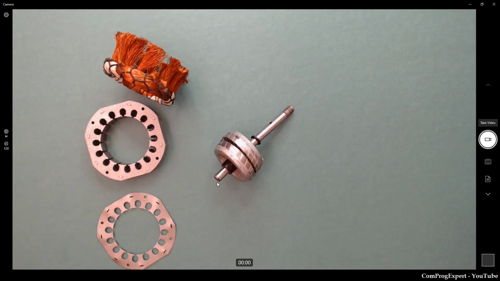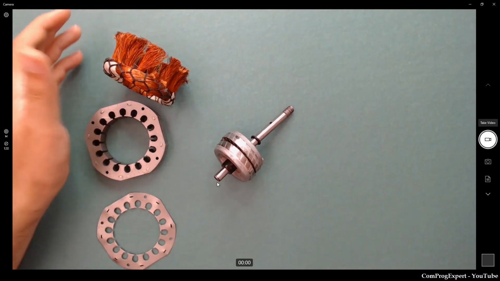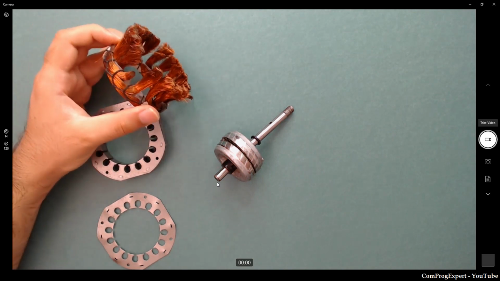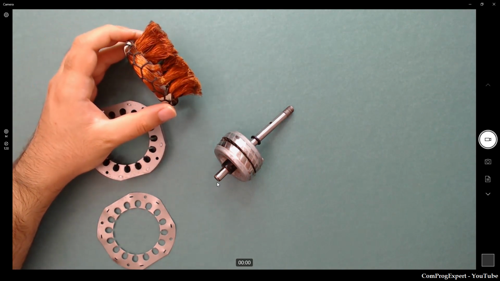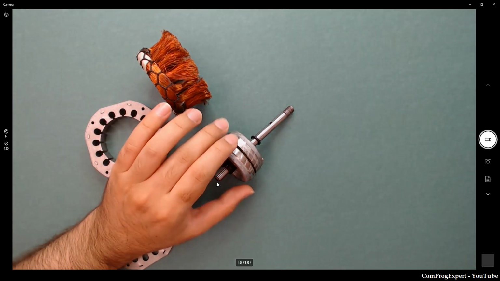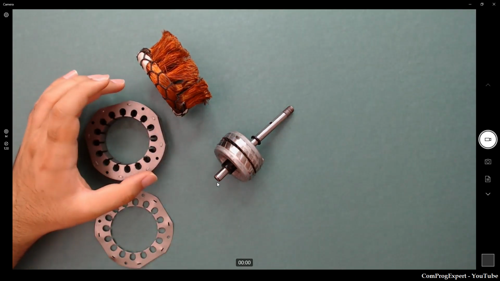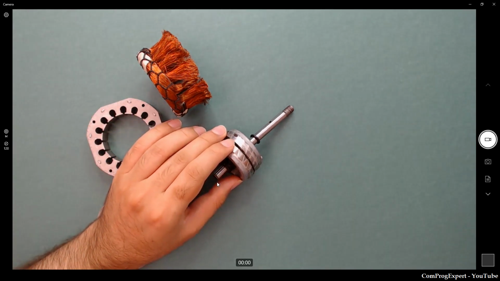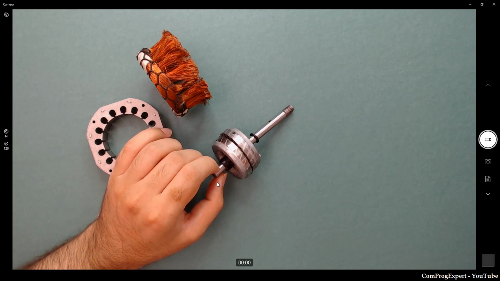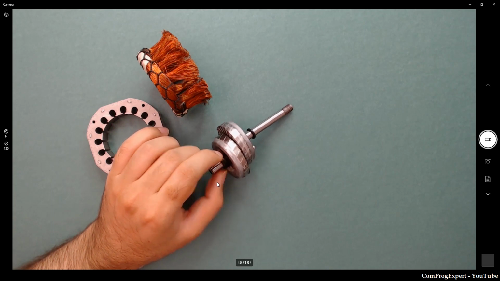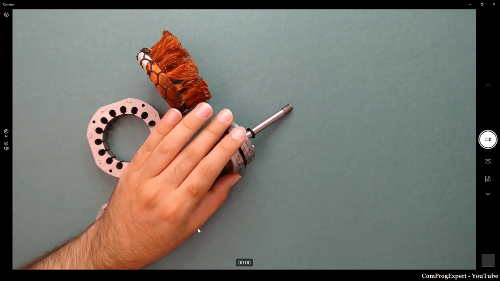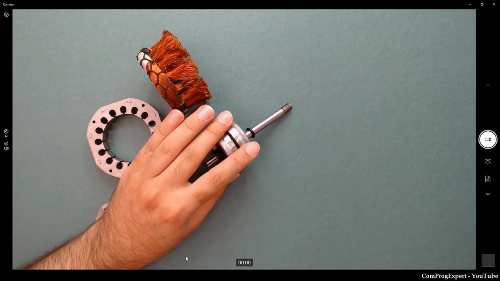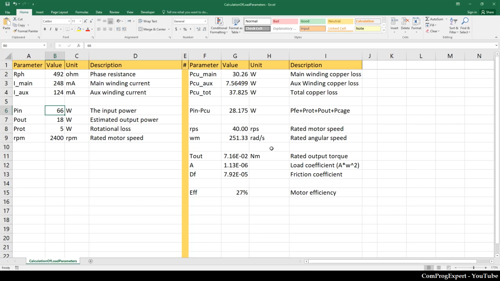So, in induction motors, we have copper losses in stator winding, and we have ohmic losses in rotor cage. We have iron losses in stator core and in rotor core. Also, we have losses due to friction and windage, mechanical losses, and finally, output mechanical power. So this difference is equal to this summation.